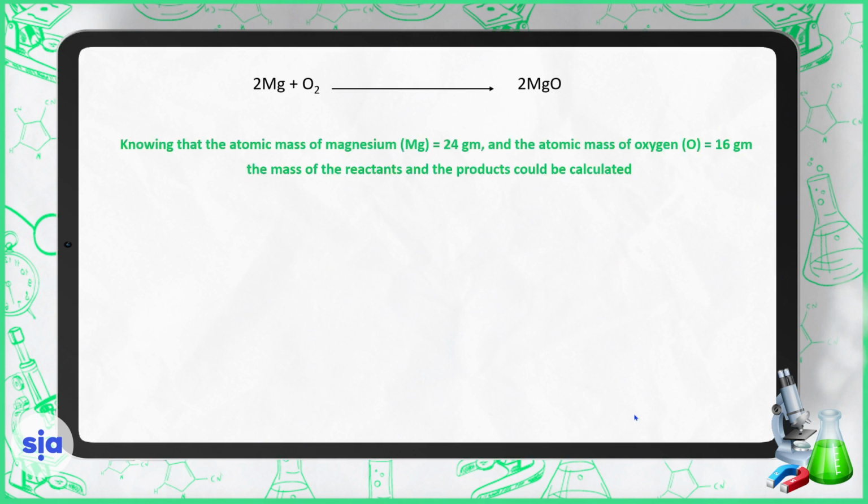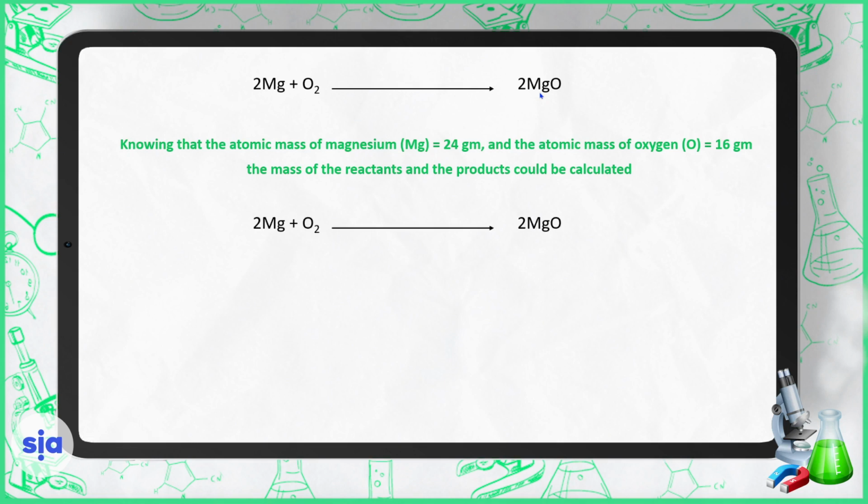Look at this equation. 2 magnesium plus oxygen molecule will give 2 magnesium oxide. Knowing that the atomic mass of magnesium equals 24 grams and the atomic mass of oxygen equals 16 grams, the mass of the reactants to the left of the arrow and the products to the right of the arrow can be calculated.